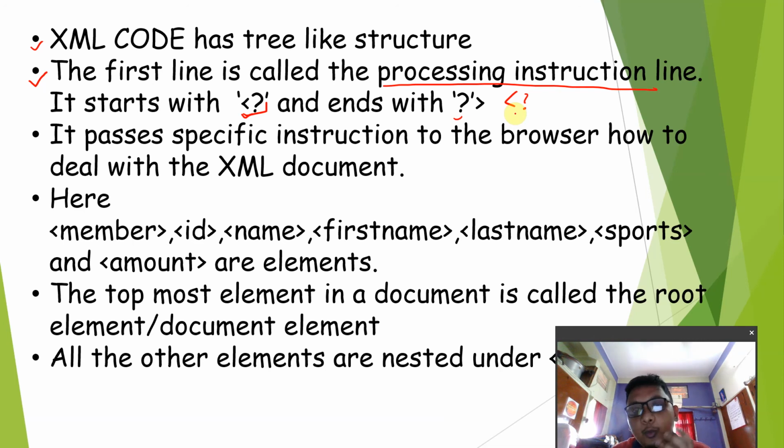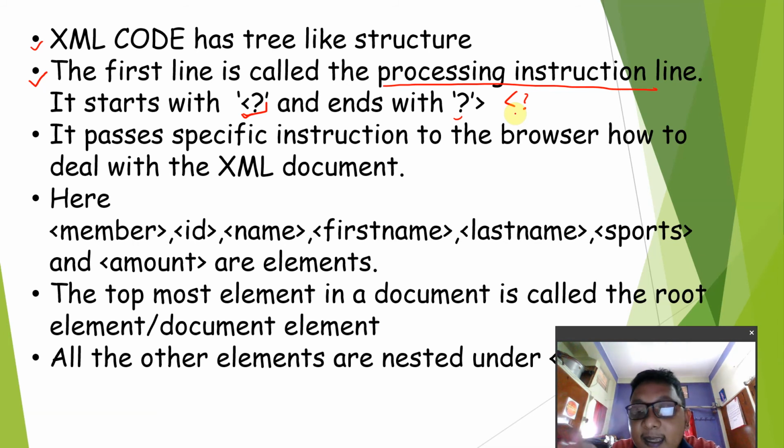So whenever the first question mark is received by the parser, it understands that this is an XML code. So the document is an XML document, and the parser is parsing the XML document.